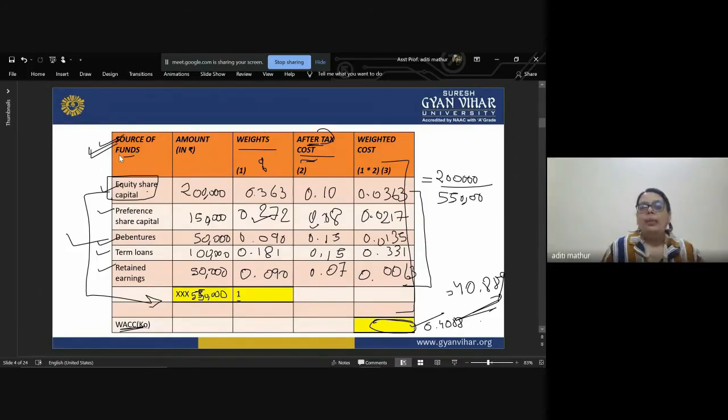In column 1, we write the sources of fund, then the associated amounts, then we calculate the weights. I have taught you how to calculate the weights. Then we write the after tax cost, then we multiply it, which we call our weighted cost, that is we multiply the weights with the after tax cost, and then later we add them all together and we say it is your weighted average cost of capital.